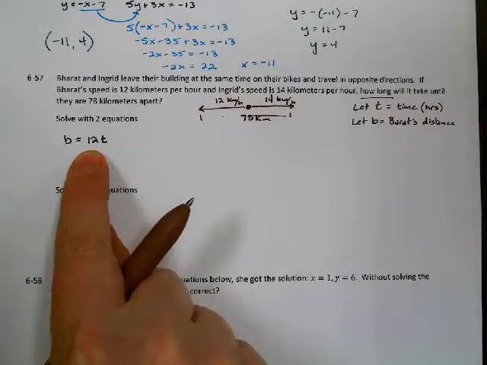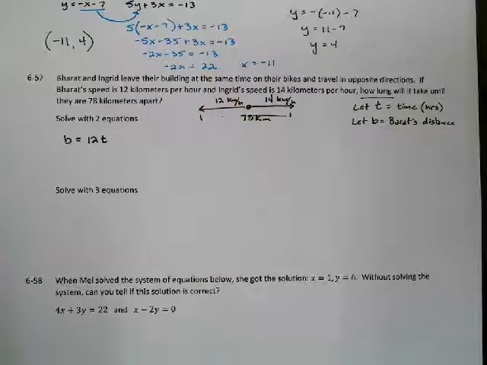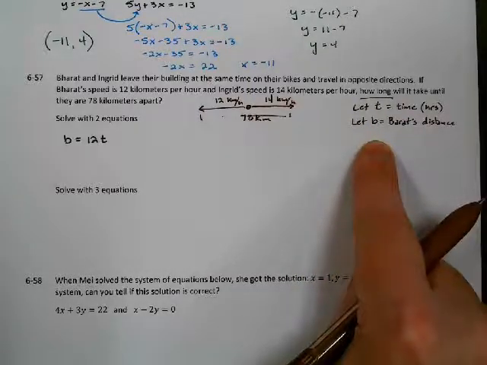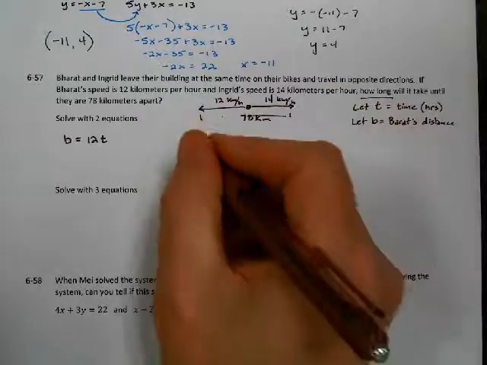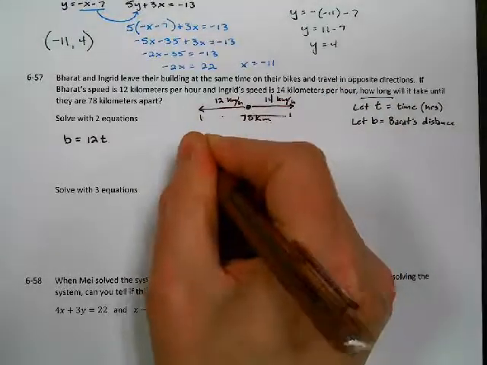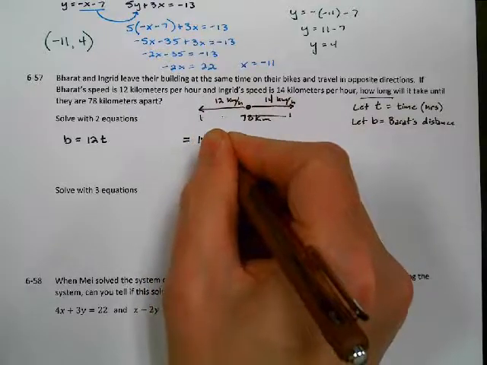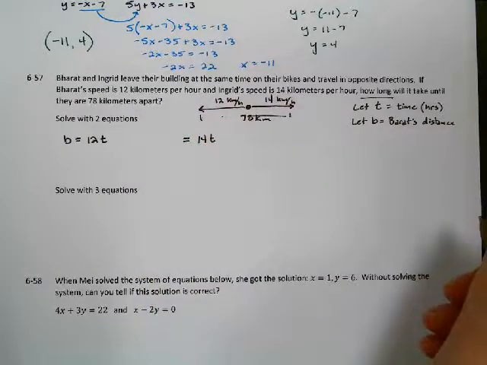Now the harder part is, what do we do about Ingrid's distance? Because I don't want a third variable. You usually don't want third variables. So to show her distance, we know one side of the equation should be 14 times t. We know the total distance is 78.